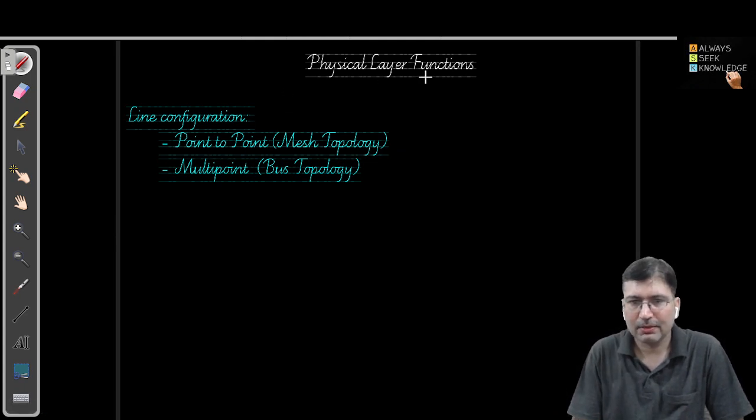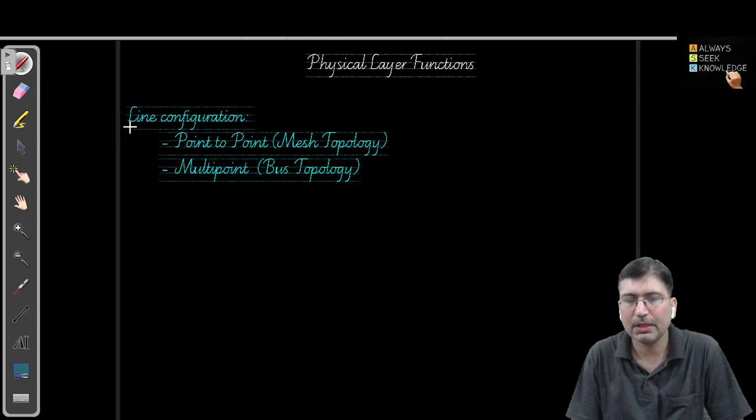Now the next function of the physical layer, it also decides the line configuration. There are different types of lines. So there are point-to-point connections and multi-point connections. So in topologies, you must be aware there is mesh topology, bus topology, and ring topology. In mesh topology, every node is connected with every other node.